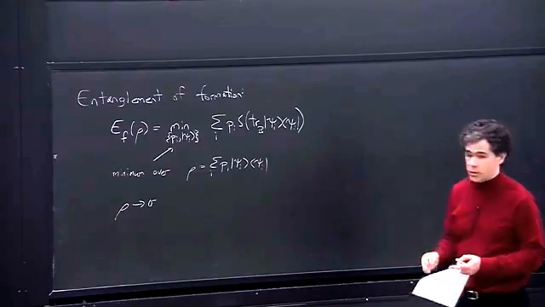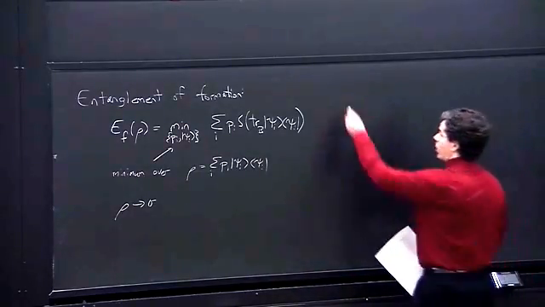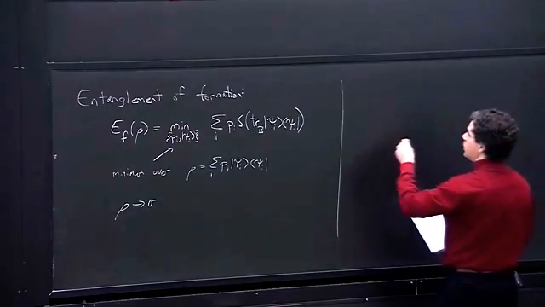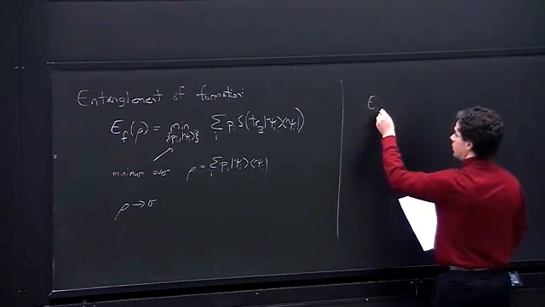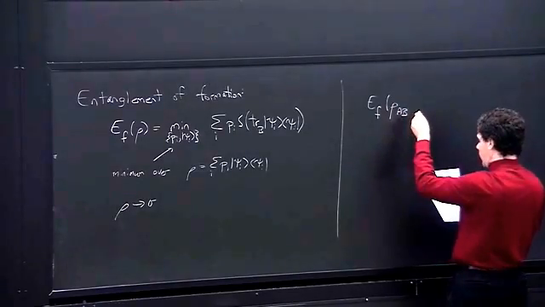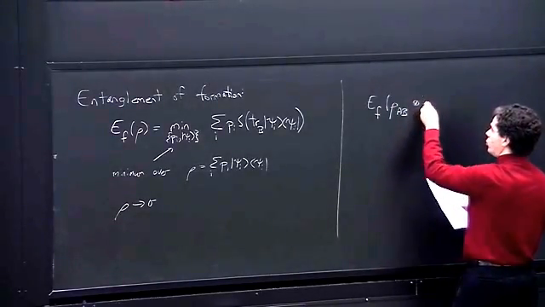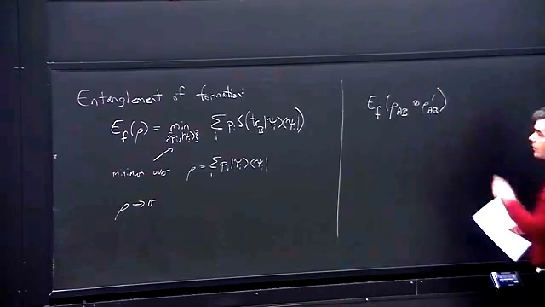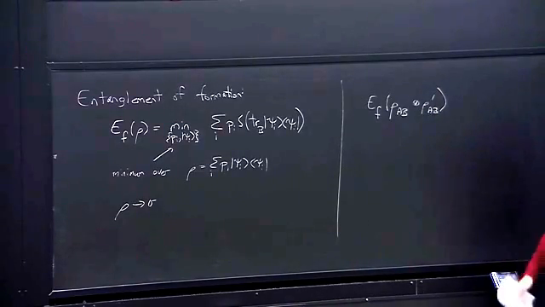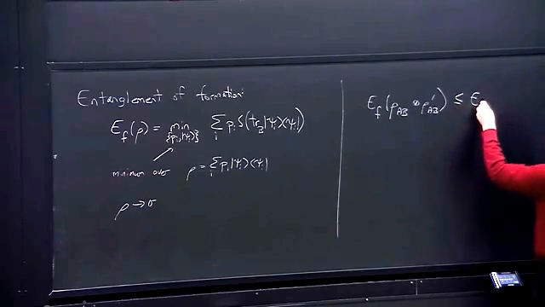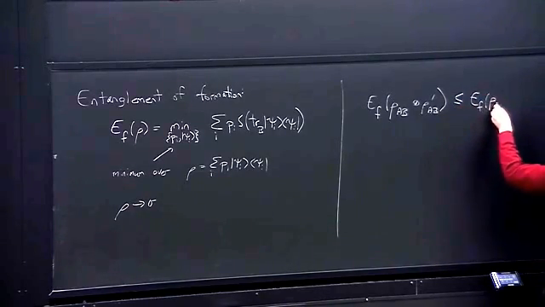Unfortunately, it has some bad properties as well. In particular, it's not additive. If you have two entangled states shared by Alice and Bob, then the amount of entanglement needed to make them both together can be less than the amount of entanglement needed to make them separately.